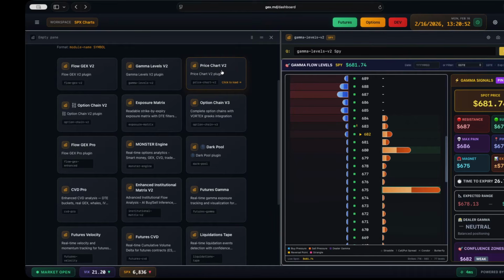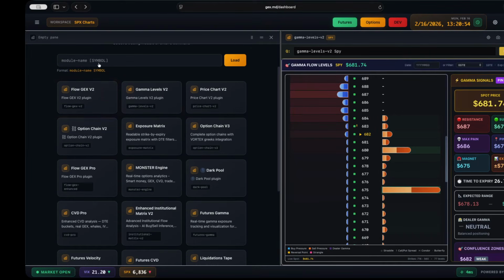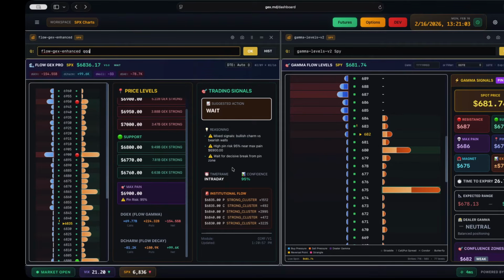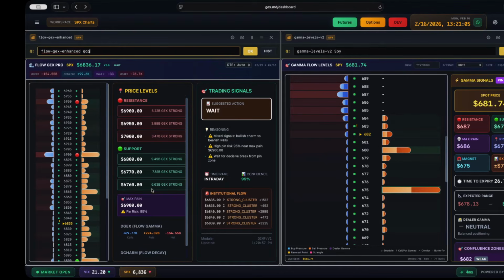The flow prox Gex, you see trading signals. You have to remind the new people that are here that the suggested action is "wait", but that's not to be taken into consideration. No, that's something I'm testing. Do not use this. Do not follow this. This is something I am testing on my end.